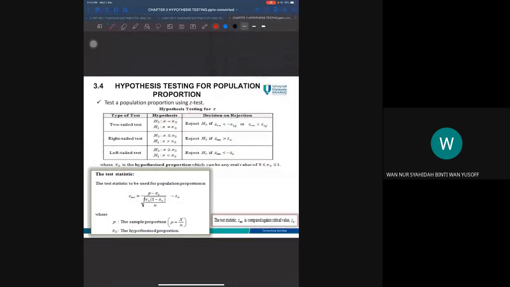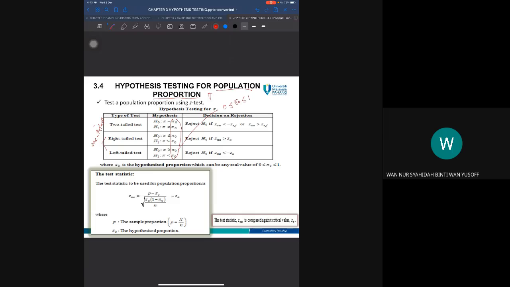Okay, we have 3.4, the hypothesis testing for the population proportion. So population proportion automatically the parameter is pi. We still have two types of hypothesis, two tail and one tail here. Pi note is between 0 to 1 only. If you have percentage, then convert first into probability.